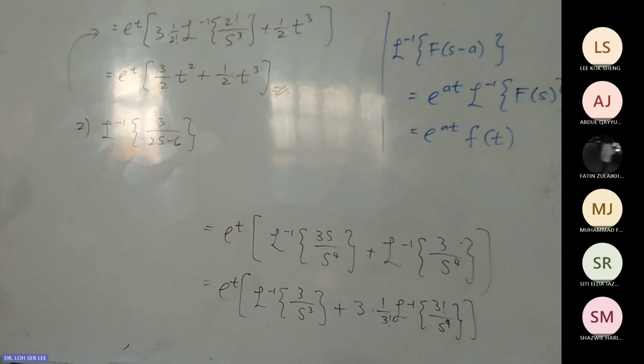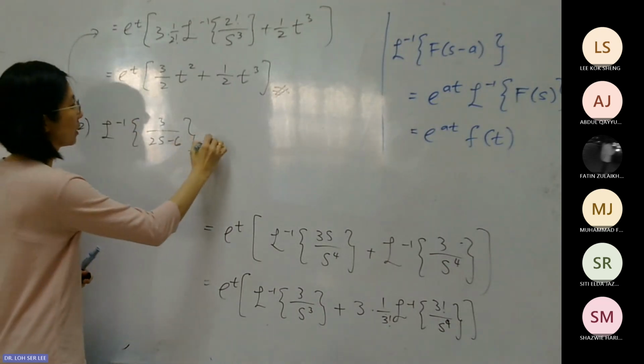So first, we have to factorize the 2 from the bottom.